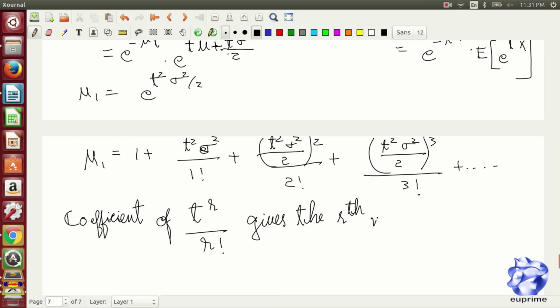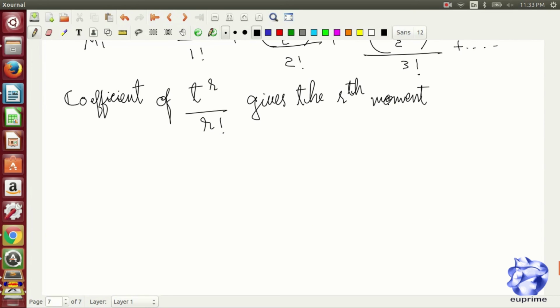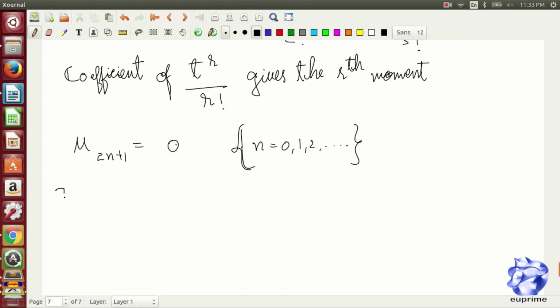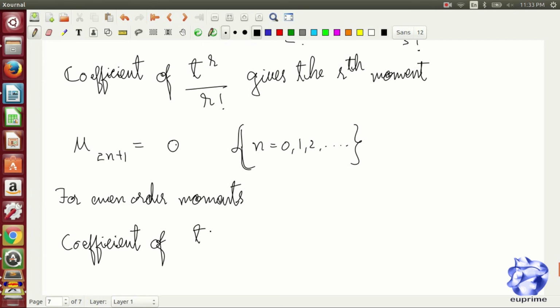So mu of 2n plus 1 is equal to 0, where n is equal to 0, 1, 2, 3, and so on, for every odd order moment. Now the coefficient of t to the power 2n by 2n factorial is as follows.